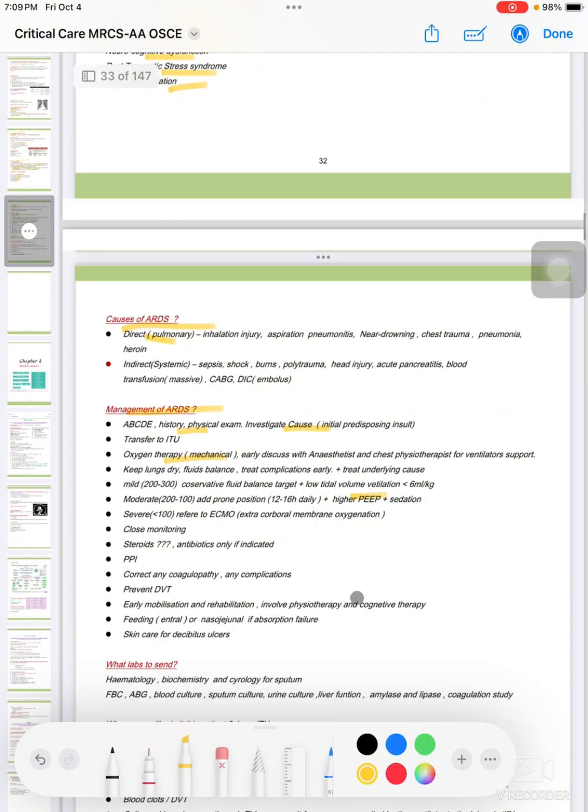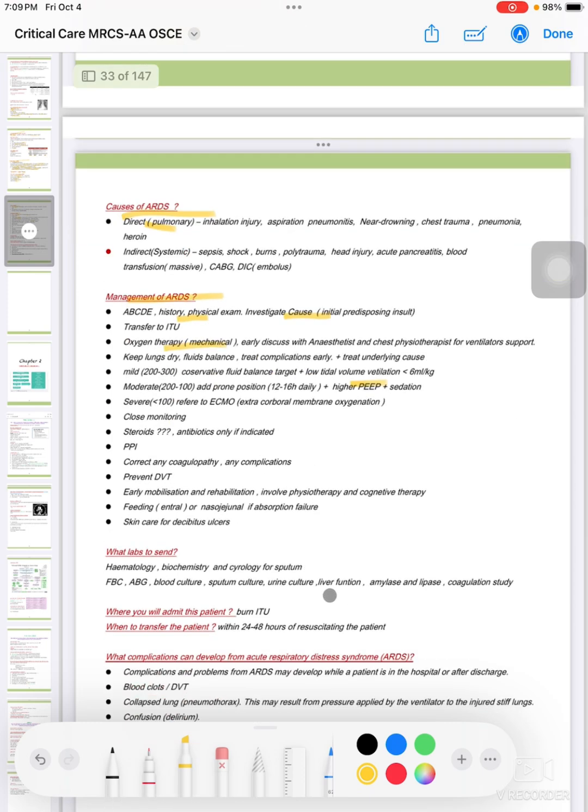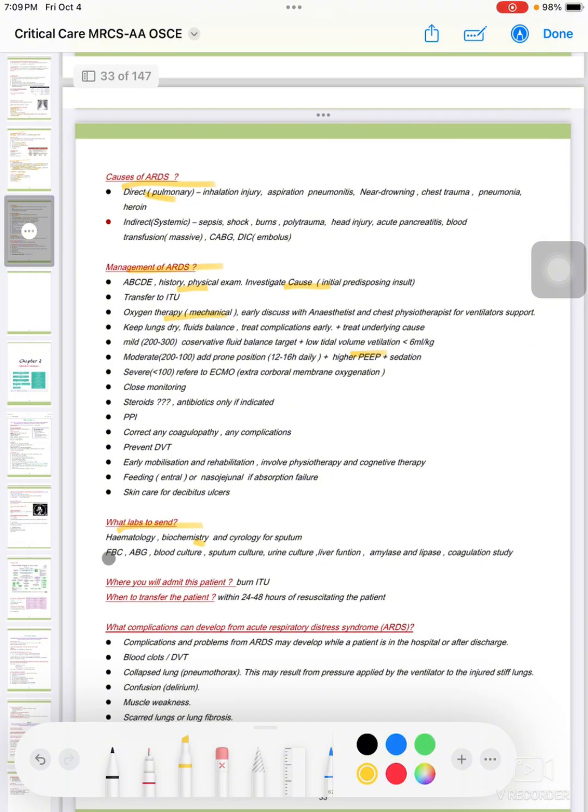Then samples are sent to hematology, biochemistry, and cytology for sputum. The routine investigations done are full blood count, arterial blood gas, blood culture, sputum culture, urine culture, liver function, amylase and lipase, and coagulation study.